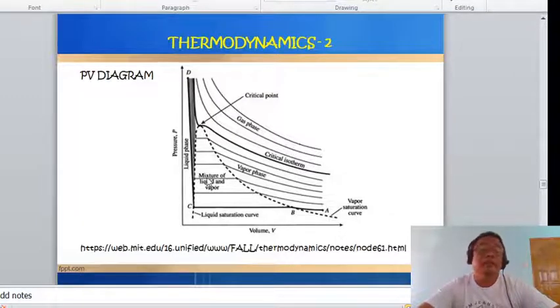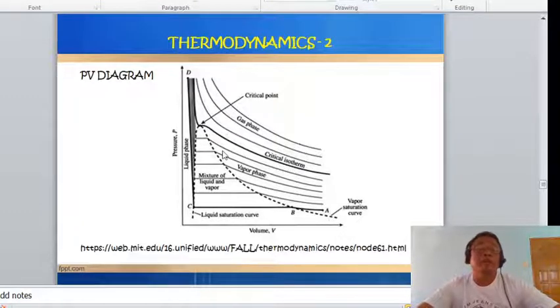At the left broken line here, that is liquid. Of course, the upper portion of this saturation line is the critical point.